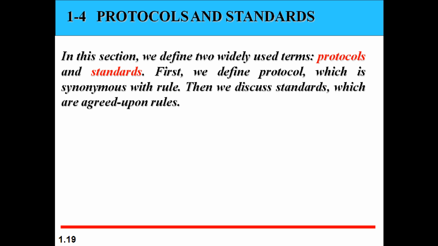In this section, we define 2 widely used terms, protocol and standards. A protocol is one of the components of a data communication system. Without protocol, communication cannot occur. The sending device cannot just send data and expect the receiving device to receive and interpret it correctly.